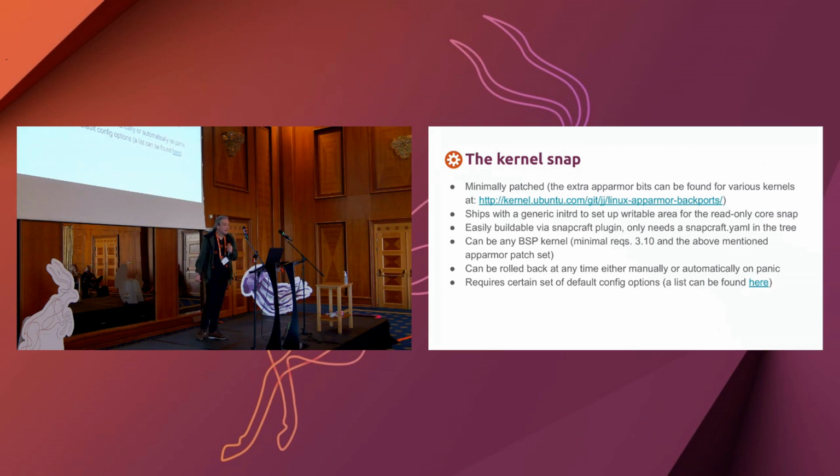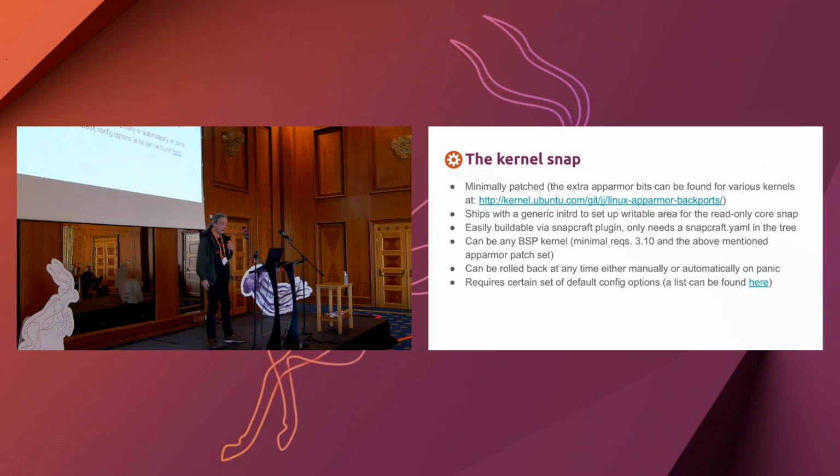This is called a BSP, board support package. And you can easily package these kernels as snaps with our wonderful kernel plugin in Snapcraft. That makes it really, really easy. And as I said before, even that BSP kernel will roll back if it panics.